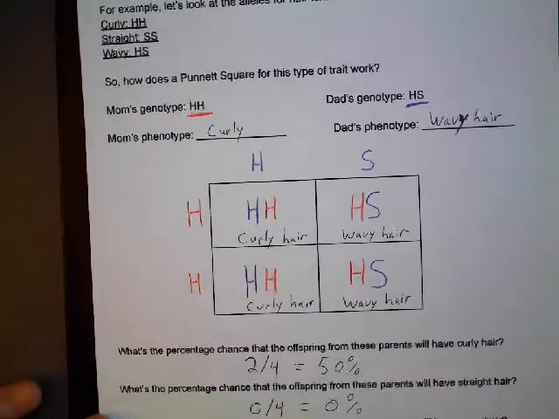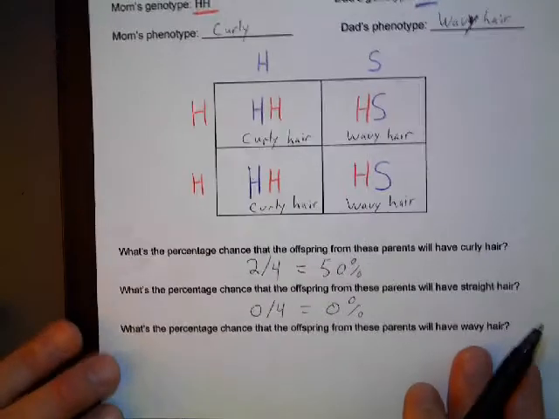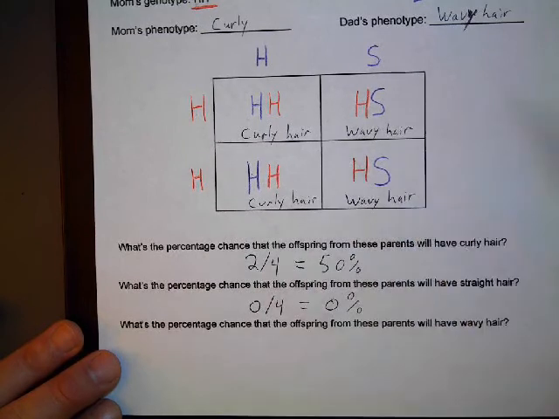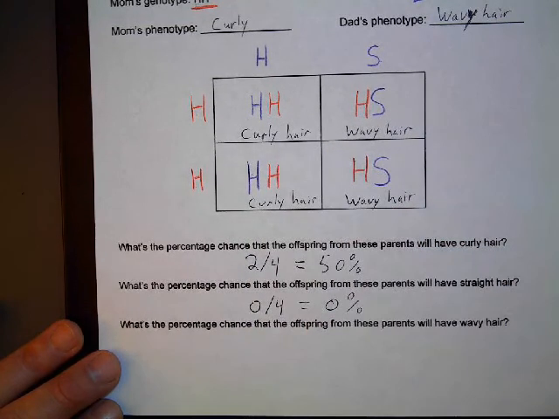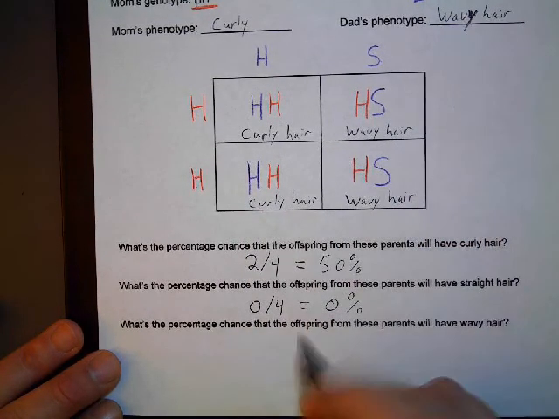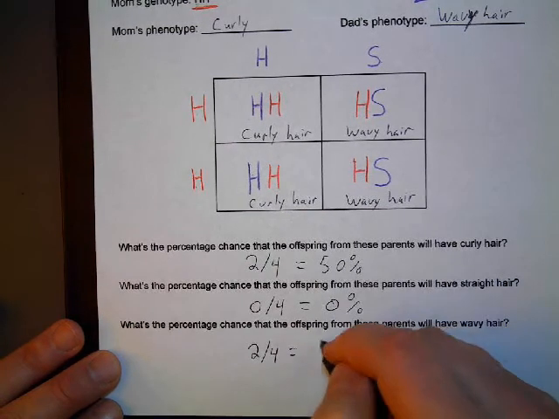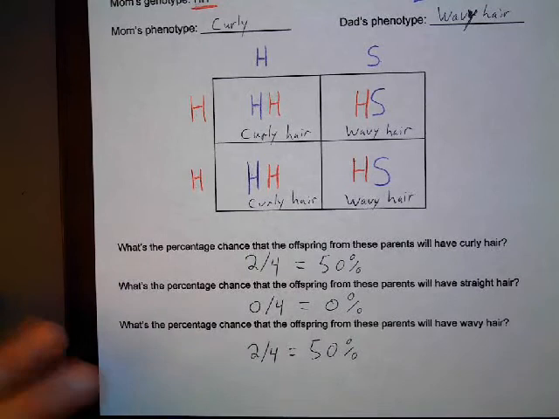And if we look at wavy hair, remember wavy hair has a genotype of capital H, capital S. When I look in the Punnett square, I see 1, 2 genotypes of capital H, capital S. So out of the 4 possible combinations, 2 of them have that gene combination. So I would write 2 out of 4, or 50%.